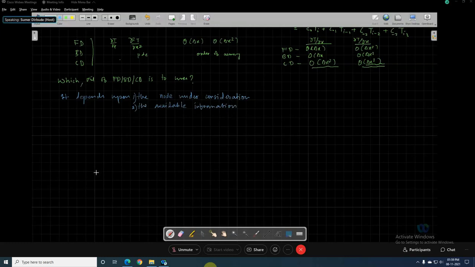So suppose we have this domain and we have discretized this domain into these many points, and this is, say for example, a fin problem. Suppose this is a fin.